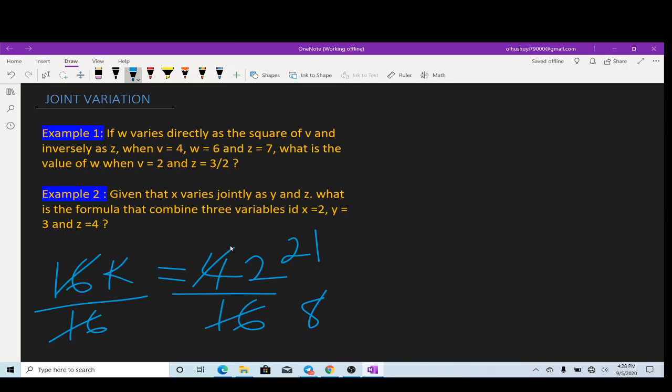Nothing divides again. So our K is 21 upon 8. Can you see that?